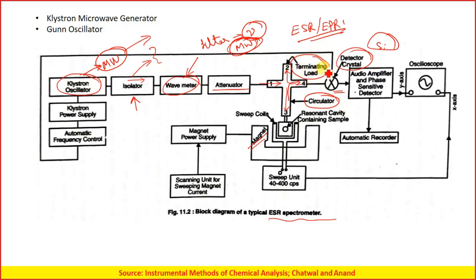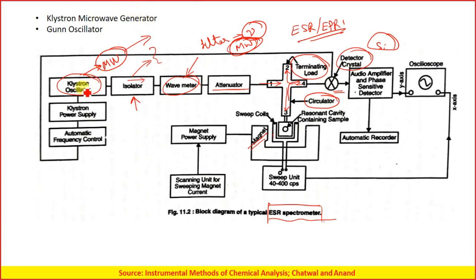In this terminating load, whatever residual microwaves reach over here are absorbed, so that they do not enter into the spectrometer again. This is how an ESR or EPR spectrometer works.